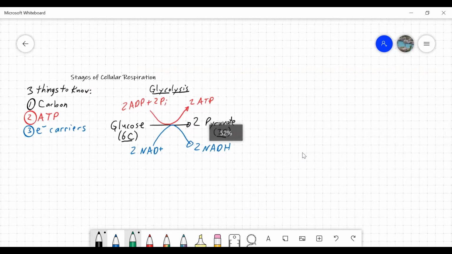So let's take a look at the next step here. Before I draw the next step, I'm going to draw a little dotted line like this. You're probably wondering, what is that dotted line? Well, it turns out that this here is the cytoplasm, and everything else happens in the mitochondria.